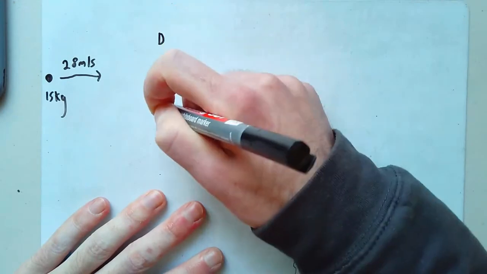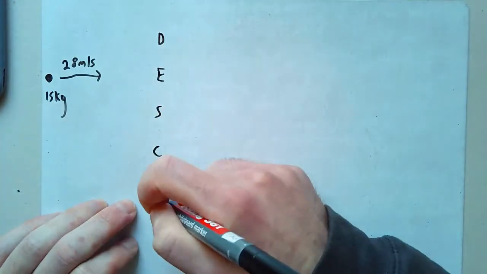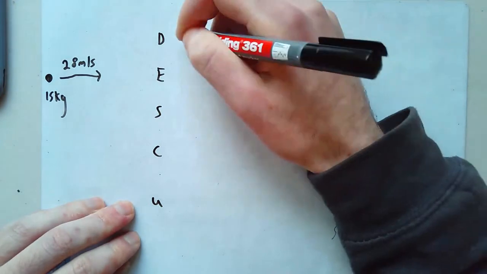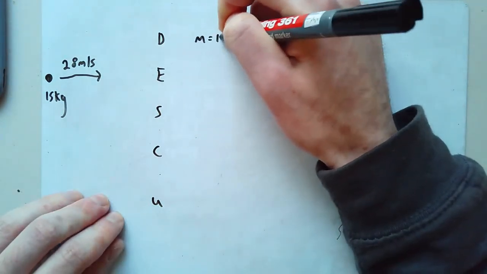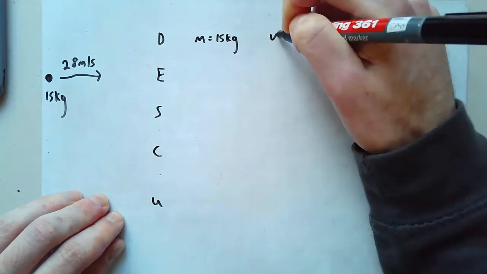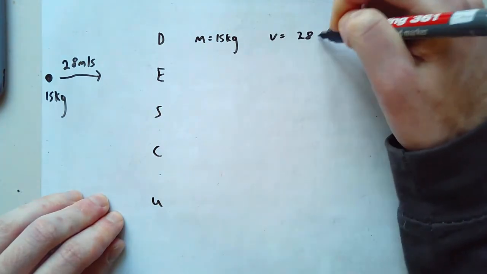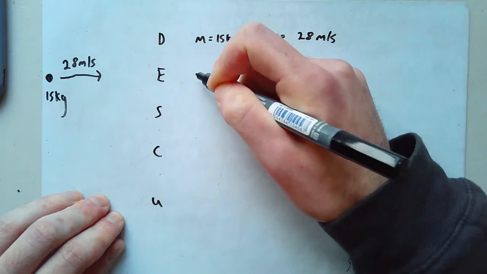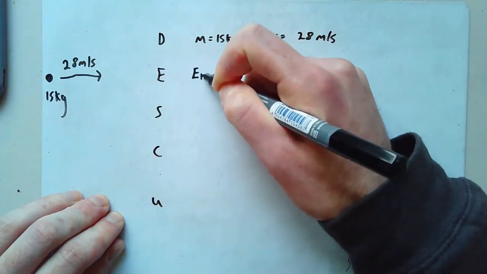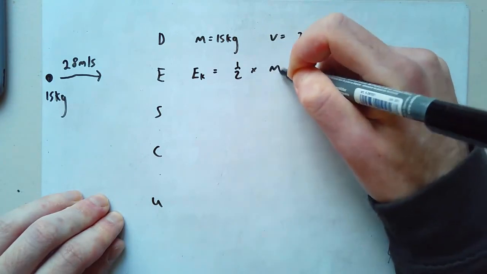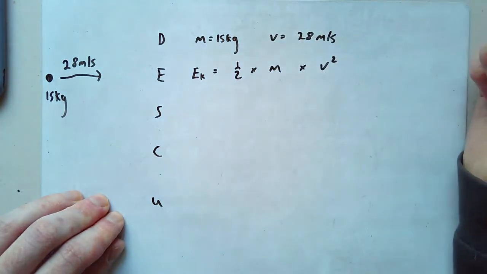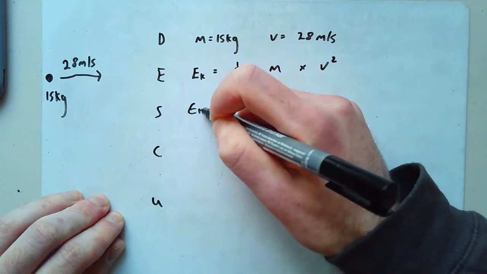Data: I've got my mass equals 15 kilograms. I've got my velocity equals 28 meters per second. My equation: EK equals half times the mass times the velocity squared. Let's substitute. EK equals half times 15 times velocity squared, which is 28 squared.